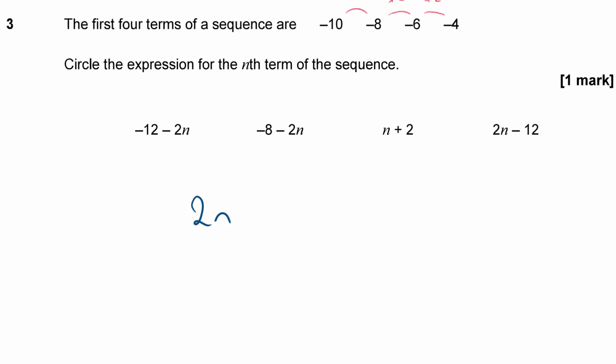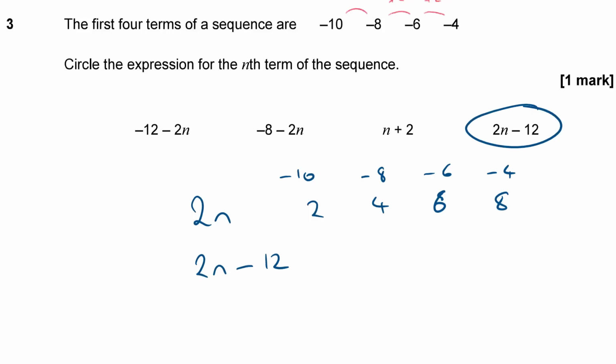Now 2n is the numbers 2, 4, 6, 8. We don't have the numbers 2, 4, 6, 8. We've got the numbers -10, -8, -6, -4. And the difference between these two numbers is 12. So our nth term is going to be 2n subtract 12. It's going to be that one there.